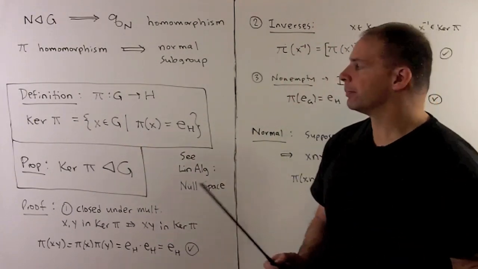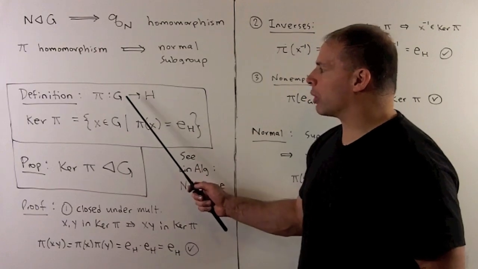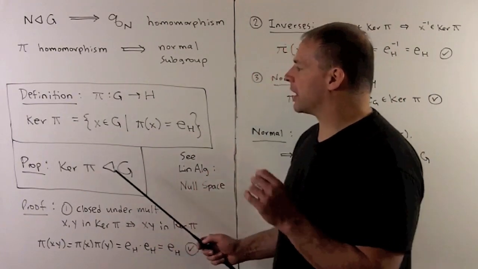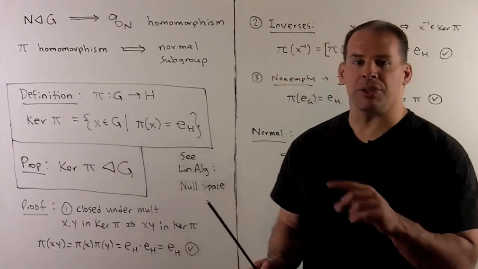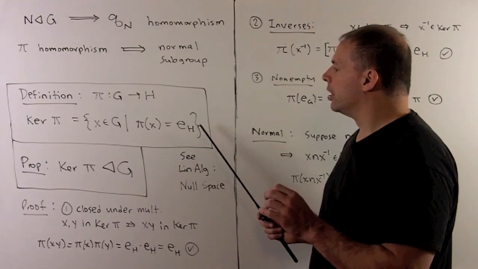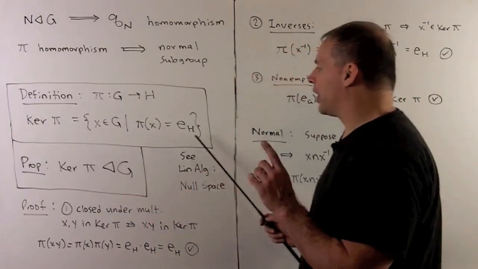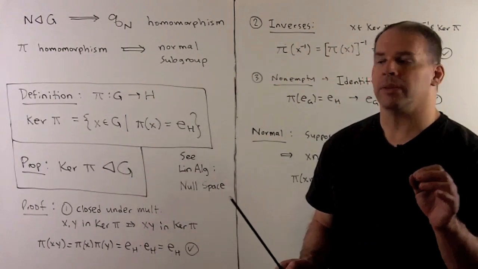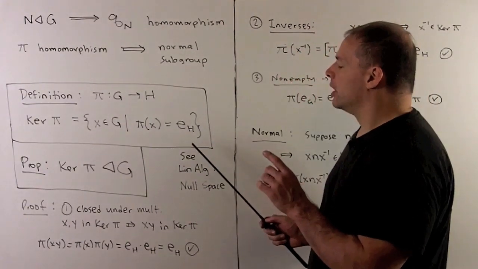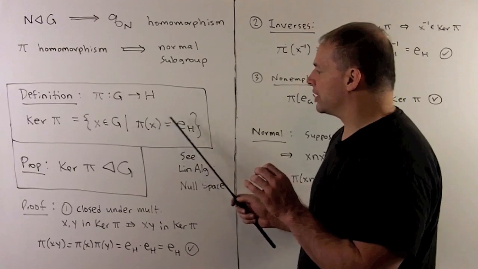So, definition: we have pi, a homomorphism from G to H. The kernel of pi is going to be the set of all x in G such that pi of x is equal to the identity in H. So the analog here from linear algebra, if you've had it, is the kernel of a linear transformation. That would be the set of all vectors that are sent to 0.